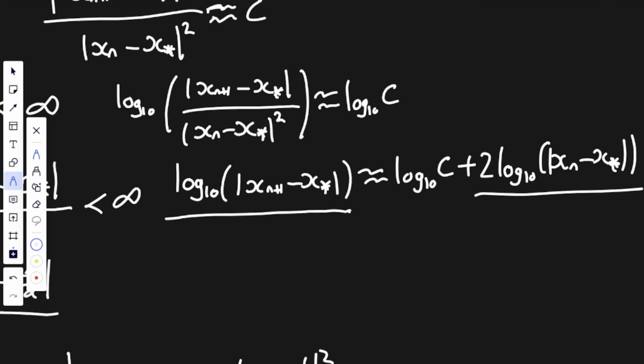So this says the n plus 1th term has double the decimal accuracy as the nth term.